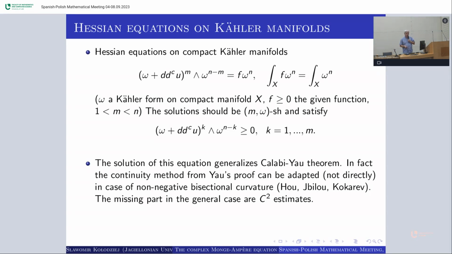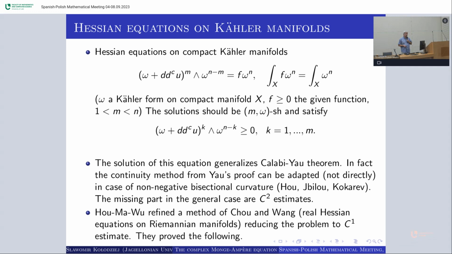And again, you can try to use Yau's method of proof to get solutions for m-Hessian equations in this case. And this works up to a point. So if you assume non-negative bisectional curvature, which is a very restrictive assumption, then you can really use Yau's estimates and get the solution. But in general, the C2 estimates are missing.